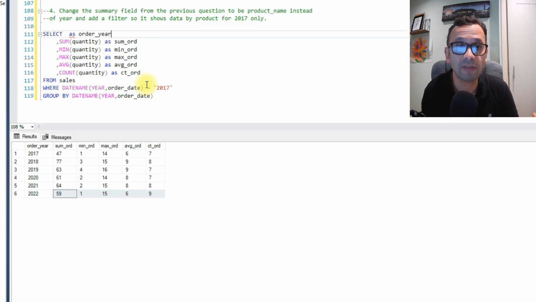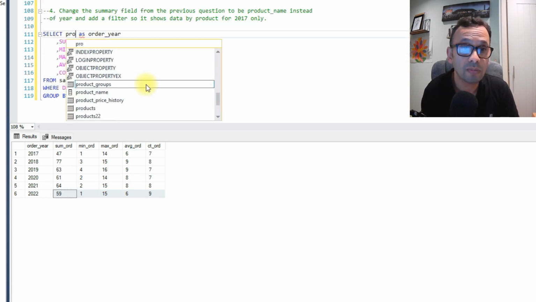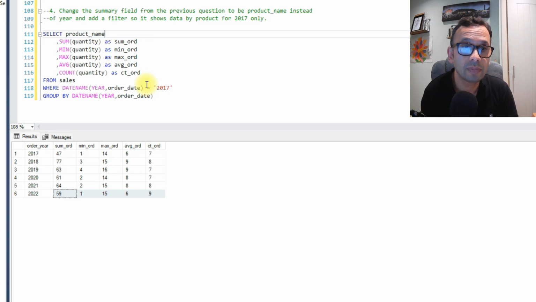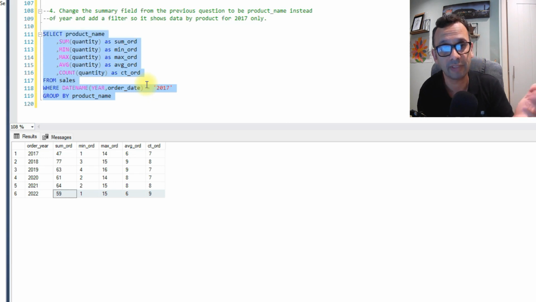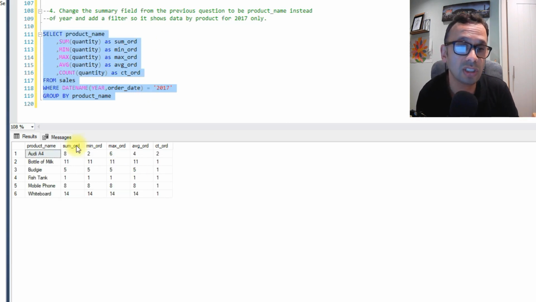And now our grouping field needs to be product name instead of the year. And there's your answer. So there's the quantities sold in 2017.